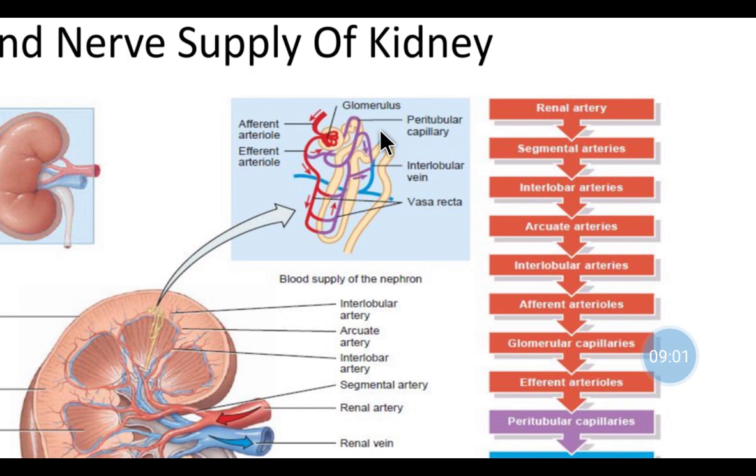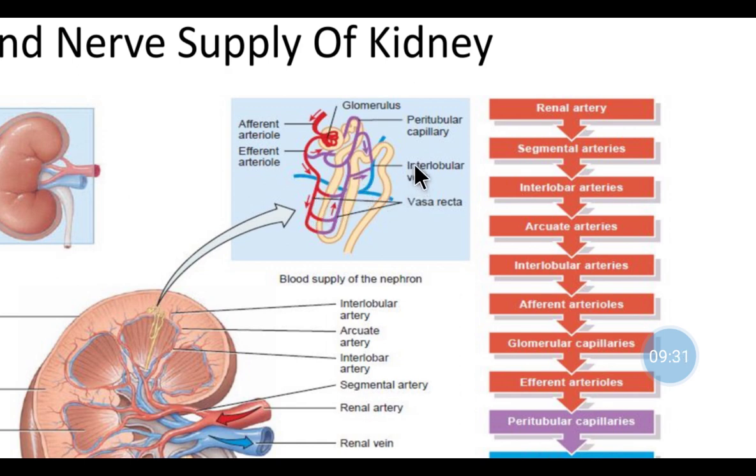Then this glomerulus capillary reunites and forms the efferent arteriole. This efferent arteriole divides and forms a peritubular capillary, which surrounds the tubular part of the nephron. Then the peritubular capillary reunites and forms a peritubular venule, and then the interlobular vein.